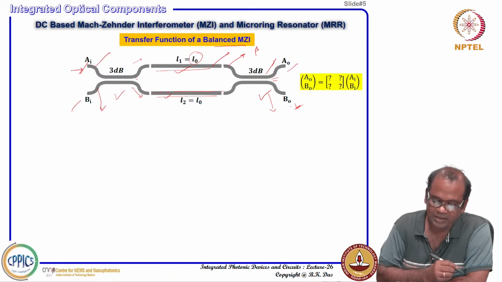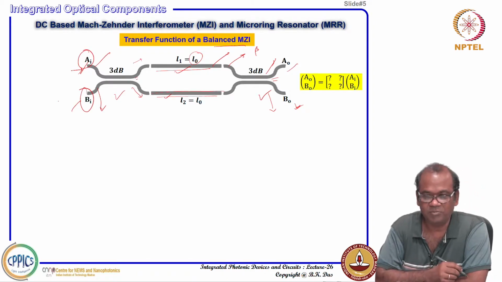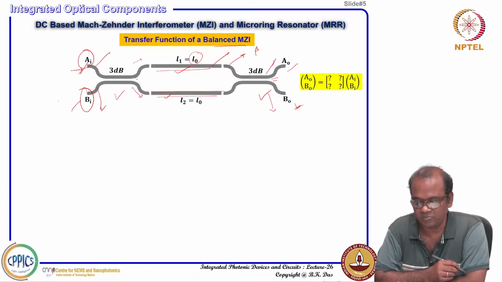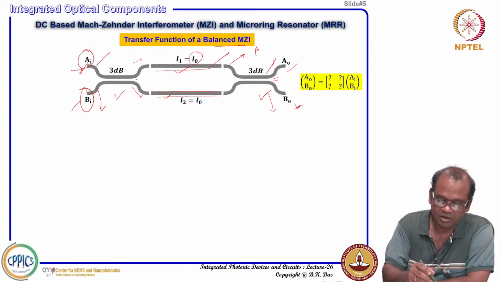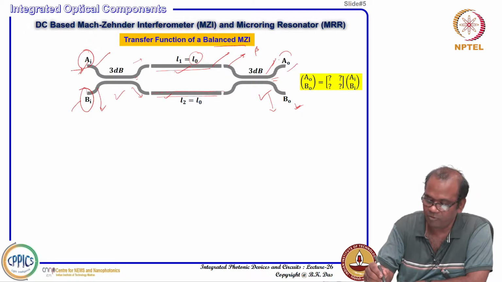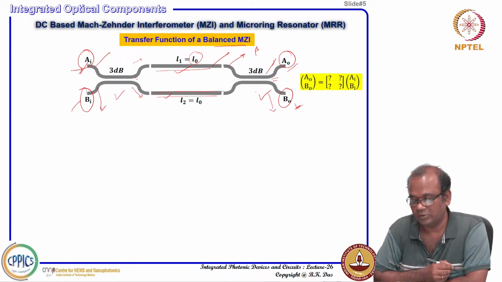Now, our intention is that if you have inputs at both the arms, they can be complex, they can have some kind of initial phase difference and a known amplitude, and you are launching there. I would like to know what you are supposed to get at the output.